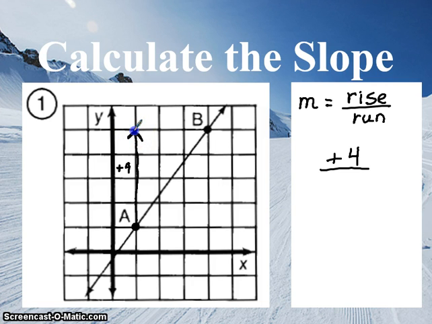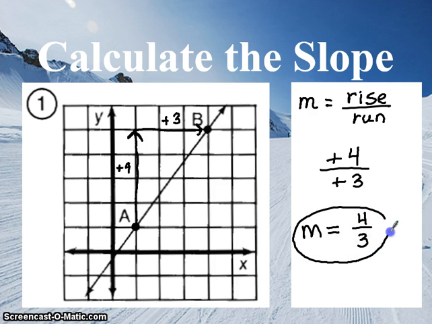Now how much do you have to go left or right to get to B? We will run 1, 2, 3 blocks, and it's going to be positive 3 because we went to the right, and we know greater amounts are to the right, so we have positive 4 over 3. Since 4 and 3 do not share any common factors, we're just going to leave it and say that the slope is 4 over 3, because this will constantly occur across our graph. Up 4 over 3, up 4 over 3, up 4 over 3.